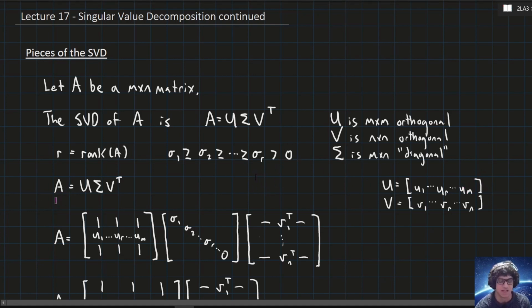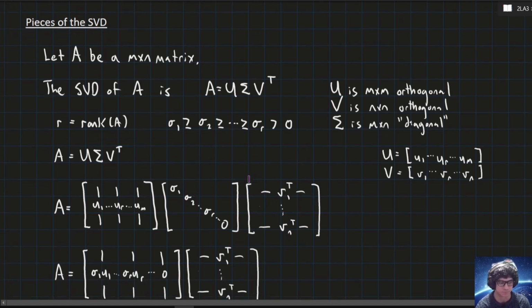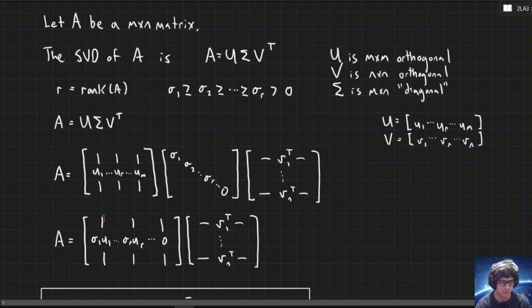So what can we get just by writing the SVD in a different way? Here is A. I write out U as columns u, I write out sigma like this, and I write out V transpose, so the v's are now rows. If I multiply the first two matrices, I get this.